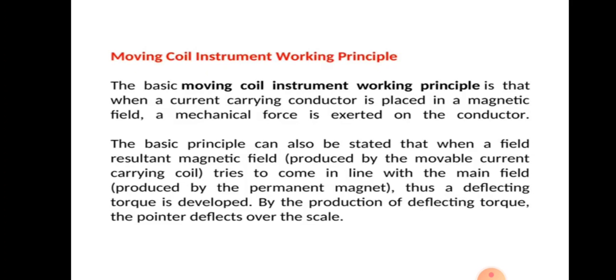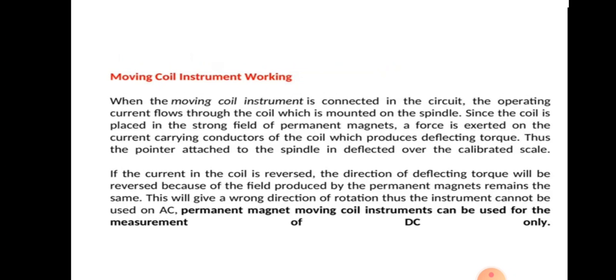Okay, so thus a deflecting torque is developed. The deflecting torque will start the pointer to get deflected from its zero position. By the production of deflecting torque, the pointer deflects over the scale. So this is all about the moving coil instrument and its working principle.